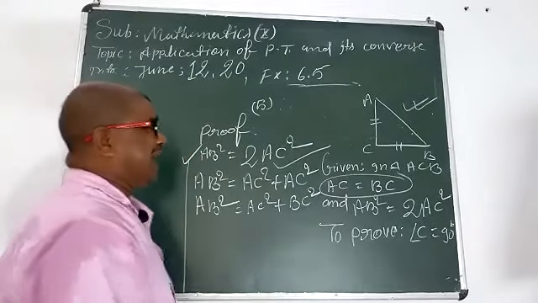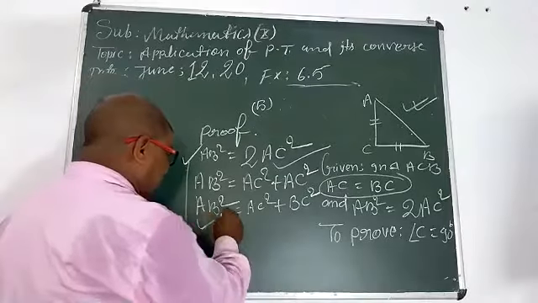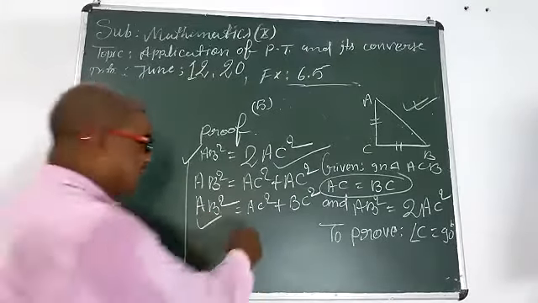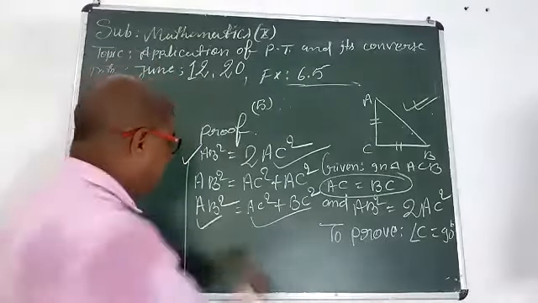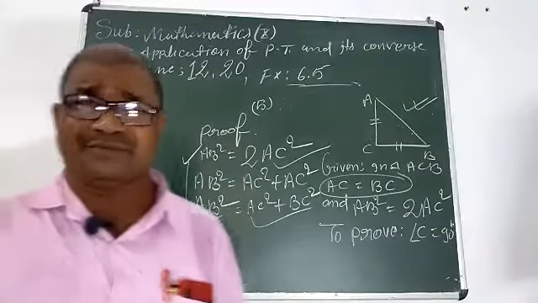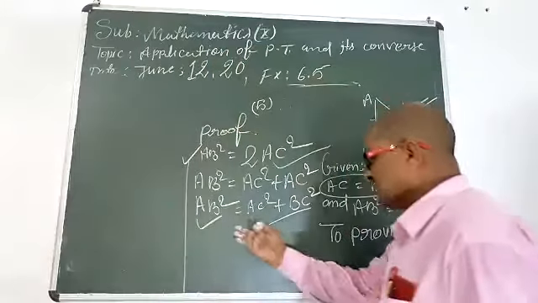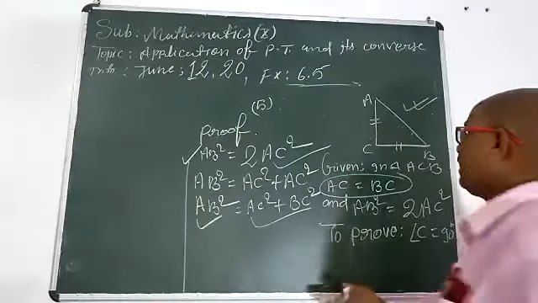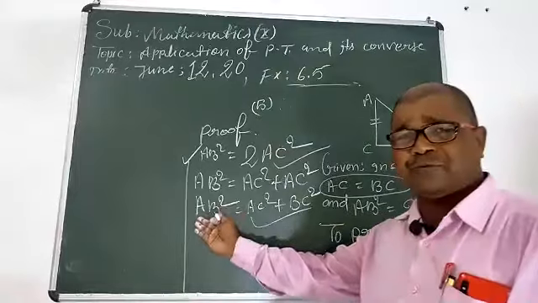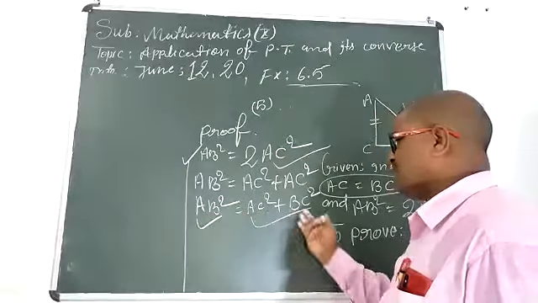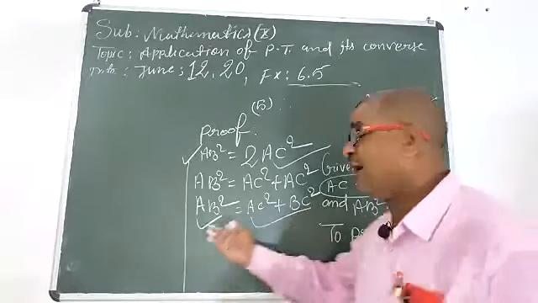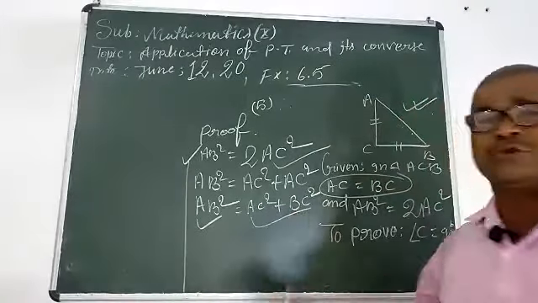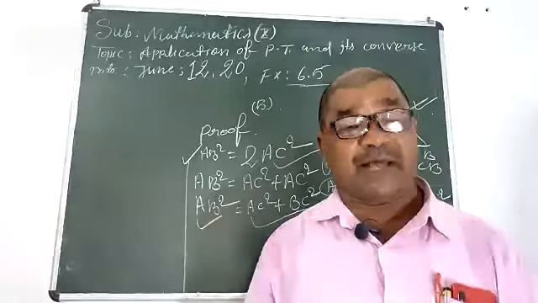In any triangle, the square of one side equals the sum of the squares of the other two sides. How am I reading this statement, student? I am reading it as AB square equal to AC square plus BC square.